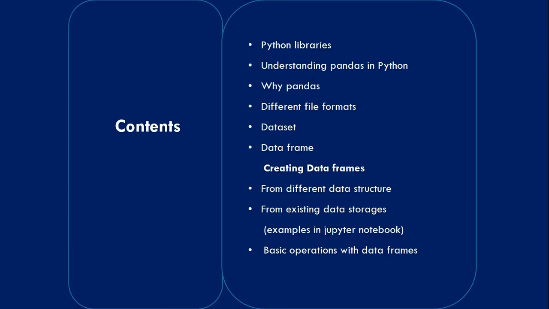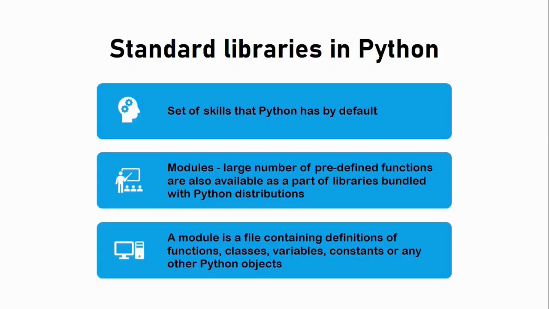Okay, so now let's move to standard libraries in Python. Before moving to all the libraries like Pandas, NumPy and all, we need to know what we mean by standard libraries. It's a set of skills that Python has by default, and it's really very extensive and it offers a wide range of facilities for the user. Standard libraries have some built-in modules.